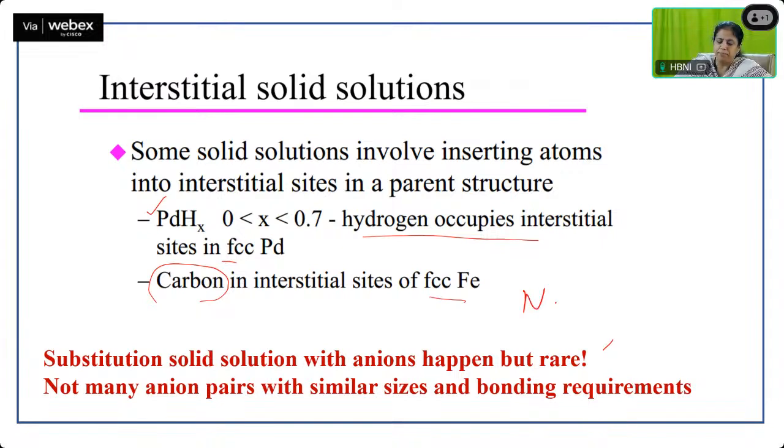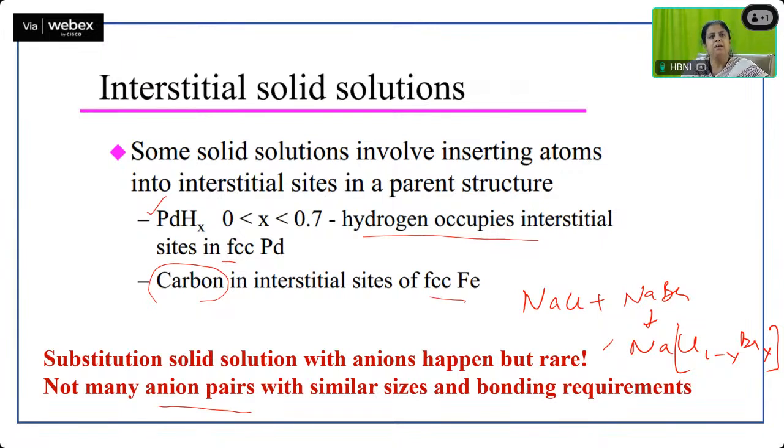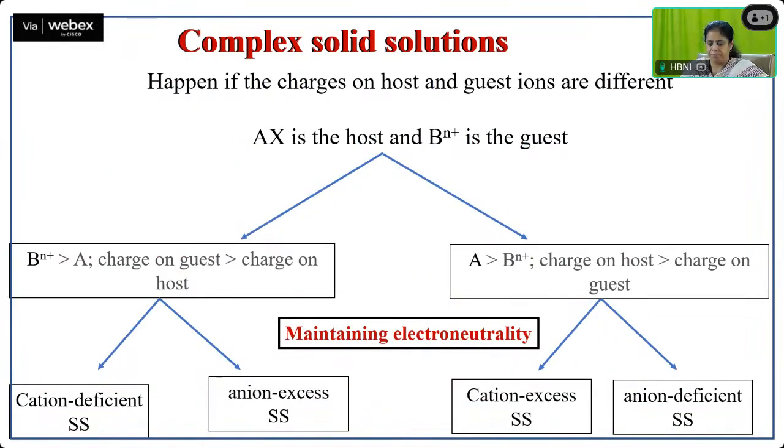For example, this solid solution happens. That gives NaCl(1-x)Br(x). They happen, but they're rare because there are not many anion pairs with similar sizes and bonding requirements. Okay. Having said that, solid solutions with anions are also possible.